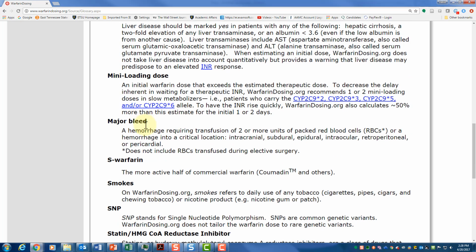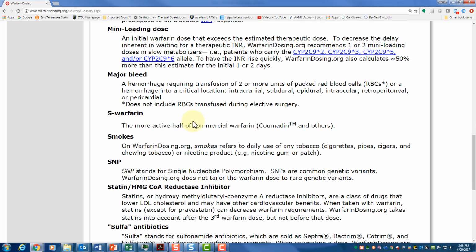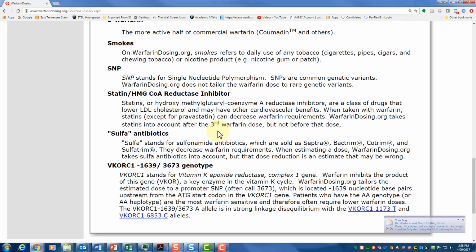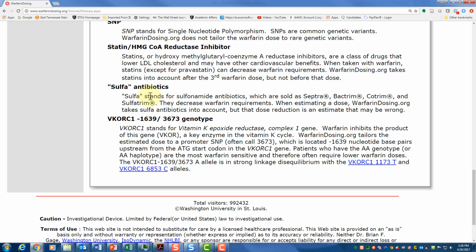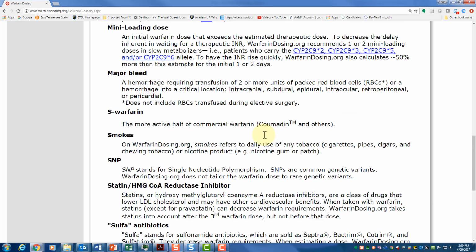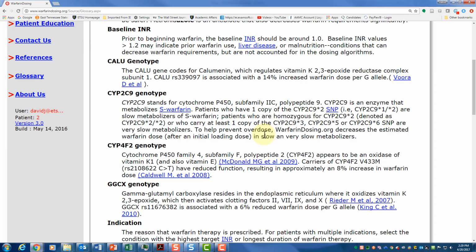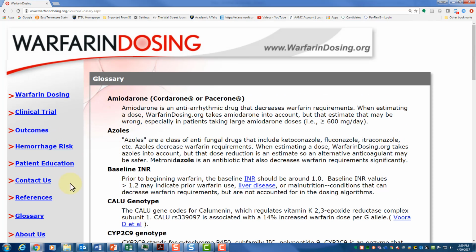Talks about liver disease, talks about warfarin and Coumadin is another term for that. Other factors can be considered, antibiotics, statins, etc. And also about the VKORC1 gene, which codes for the vitamin K epoxide reductase that takes oxidized vitamin K and converts it back to reduced vitamin K, so it can be utilized again.